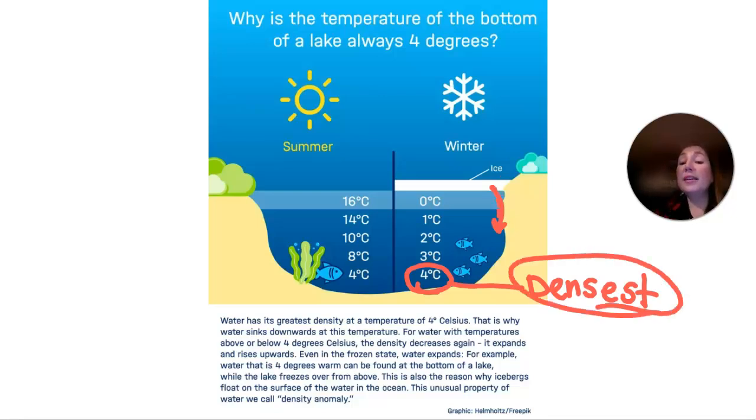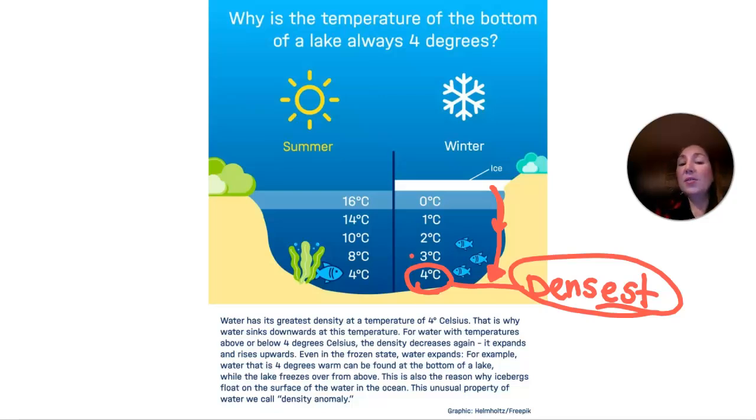So it's going to sink in the lake when it is 4 degrees to the bottom. But after 4 degrees, as the water cools to 3 or to 2 degrees, it actually starts to expand and make those hexagons. And so any colder than 4 degrees and some expansion is occurring, and that water will float on the densest 4-degree water.